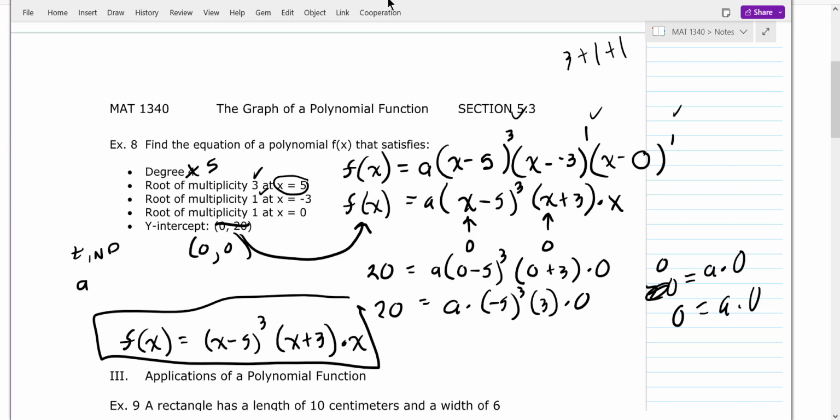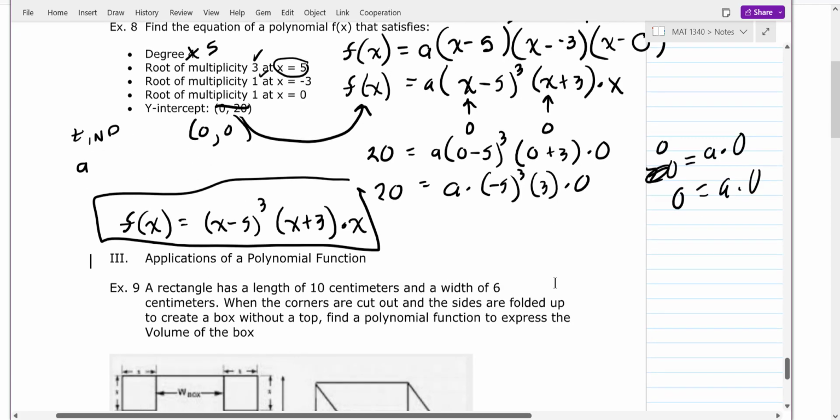Now hold on, since the y-intercept is 0, 0, then in that case, a would just have to be 1. I just messed that problem up. I should have been more careful on how I typed that. If I would have taken off the 0, 0, then we could have solved the problem with the 0, 20 just fine. But that's kind of what messed me up there. Okay, so that's the idea. All right, let's go ahead and do this problem.